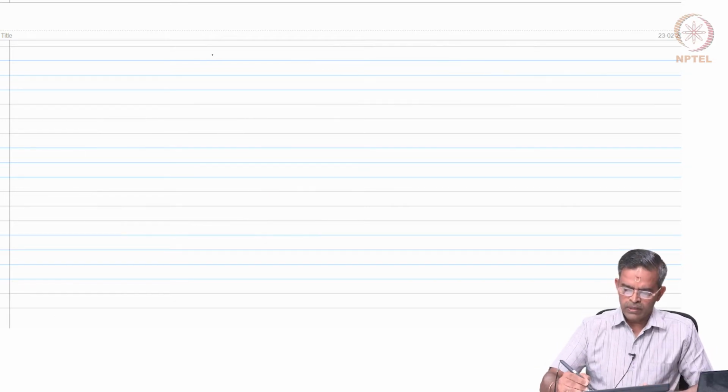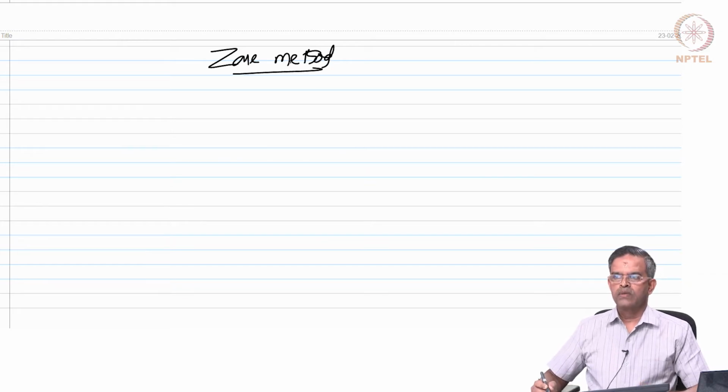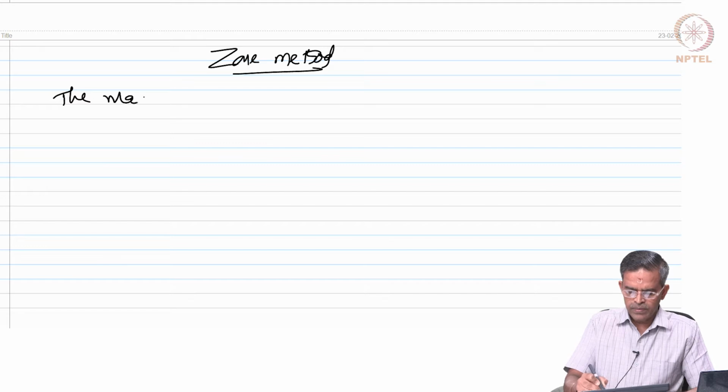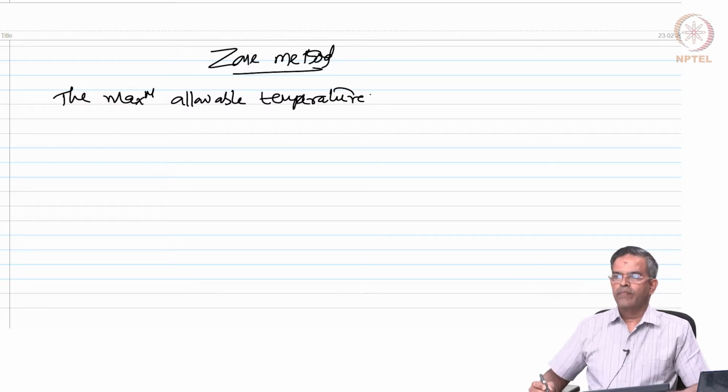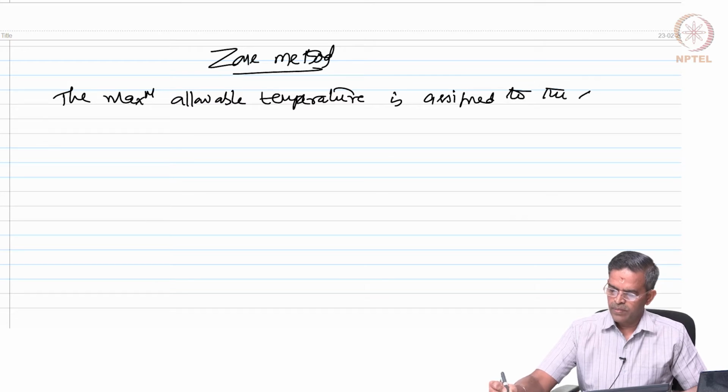In the zone method, the maximum allowable temperature is assigned to the steel member.